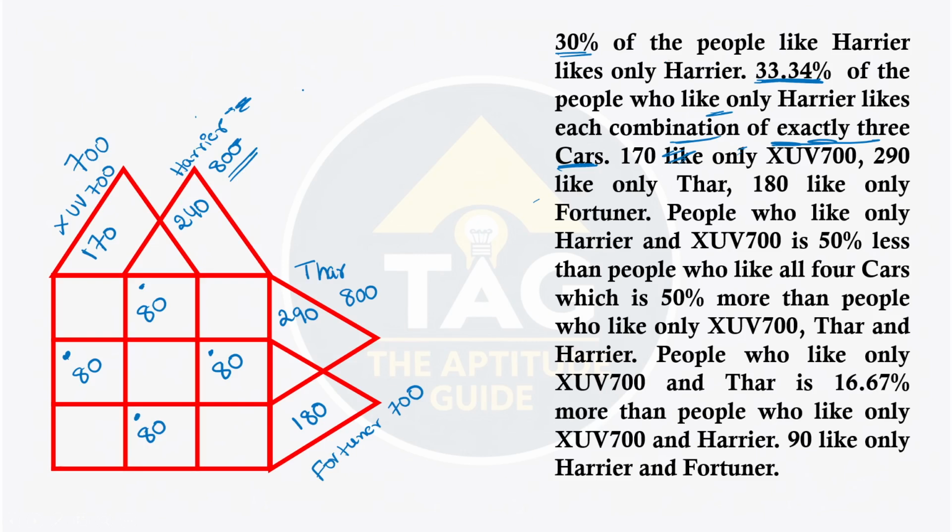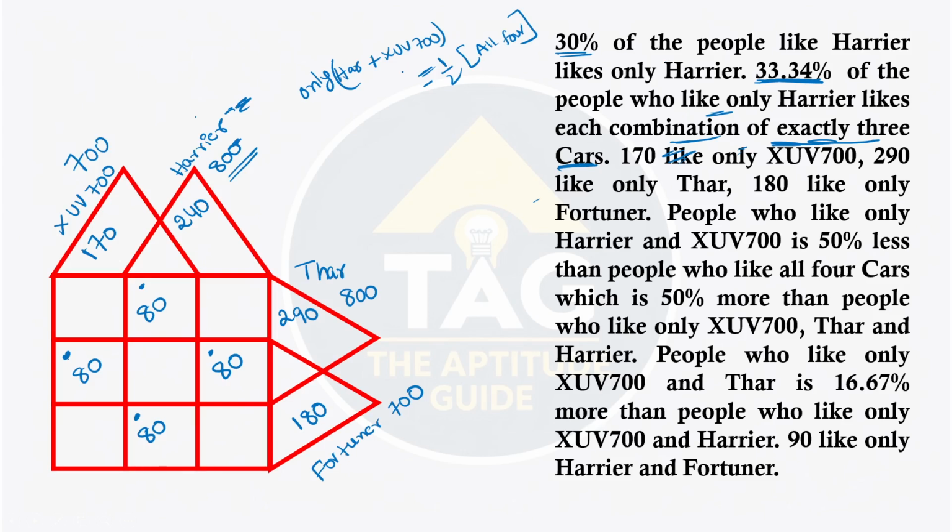So it equals half of all 4. So this value should be 50% of the value for all 4 cars. Hope you guys know this. 50% less than doesn't make any difference with 50% of the given value. Both the things are the same.